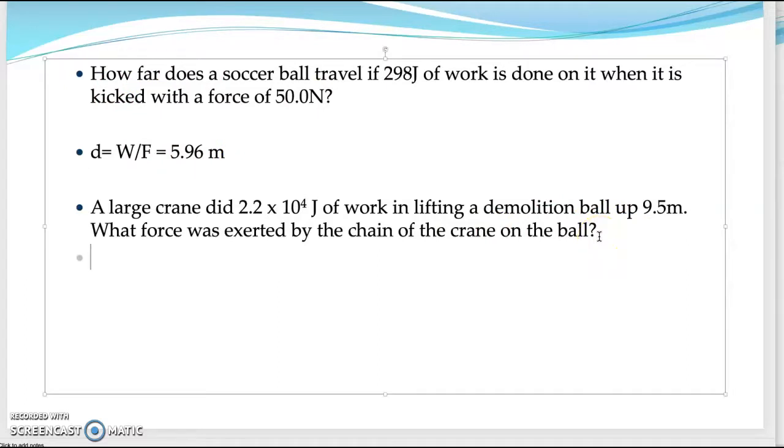And this is a crane. What's the force? The force is going to be work divided by distance. Times 9.5.